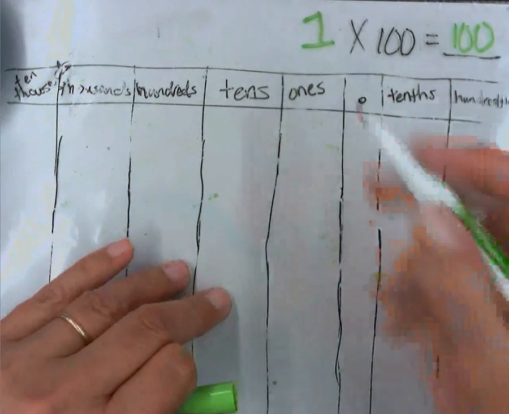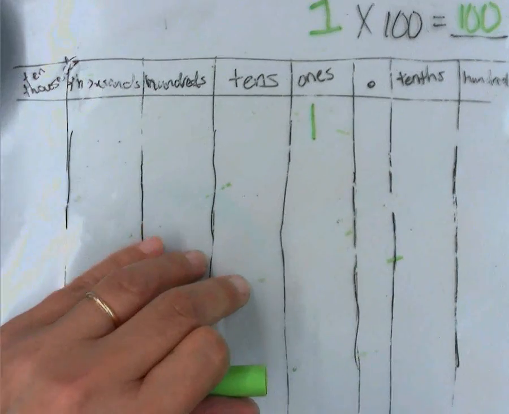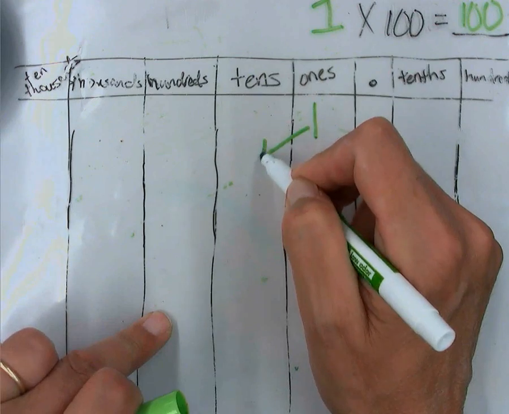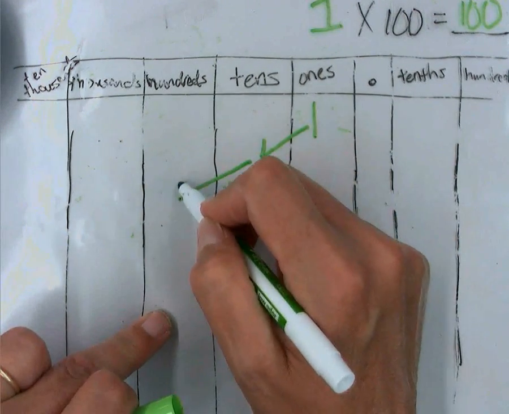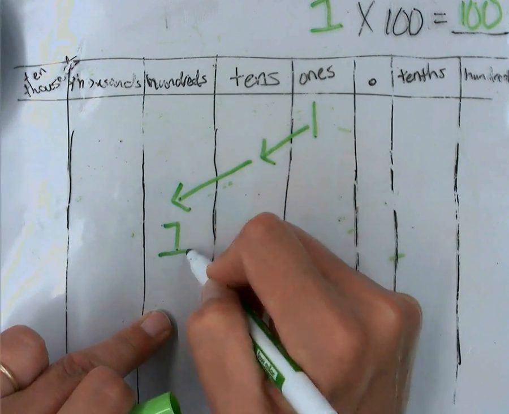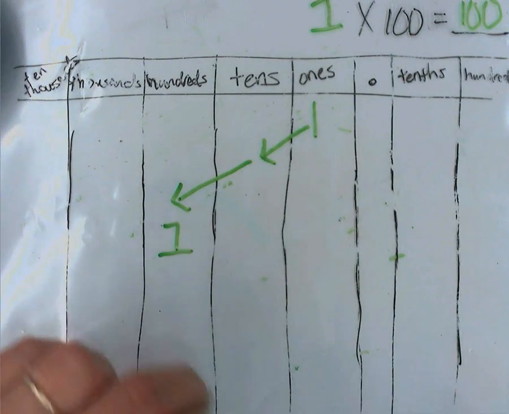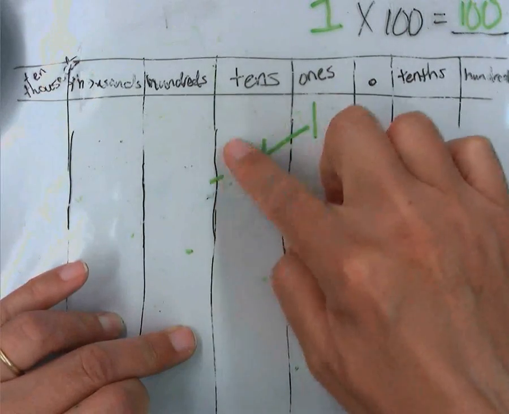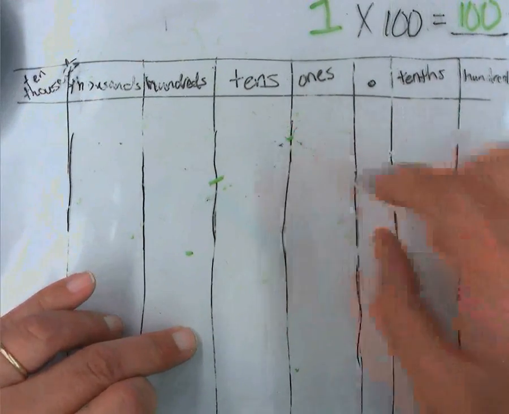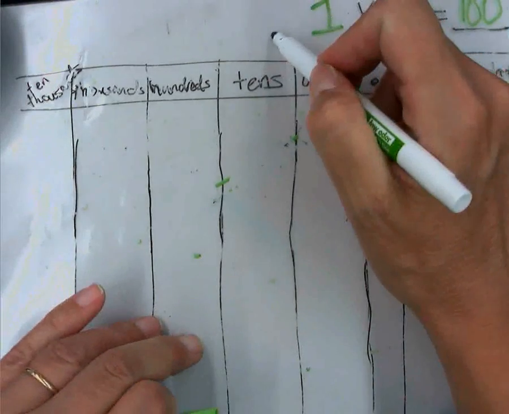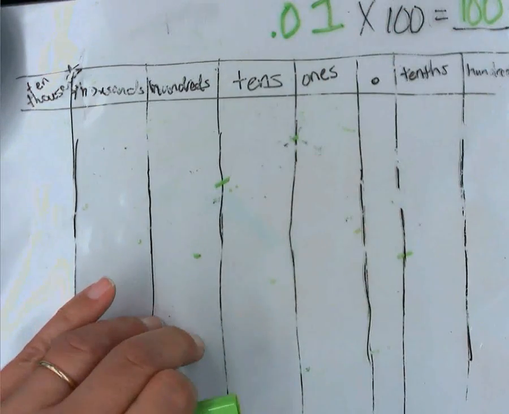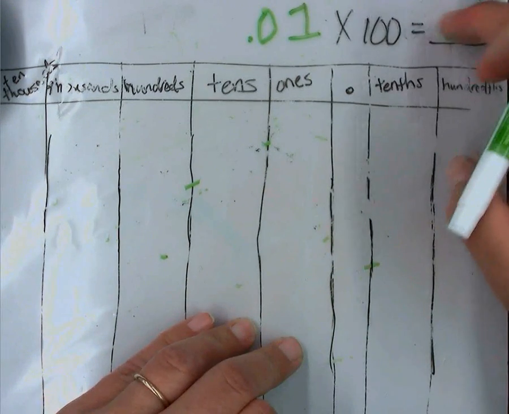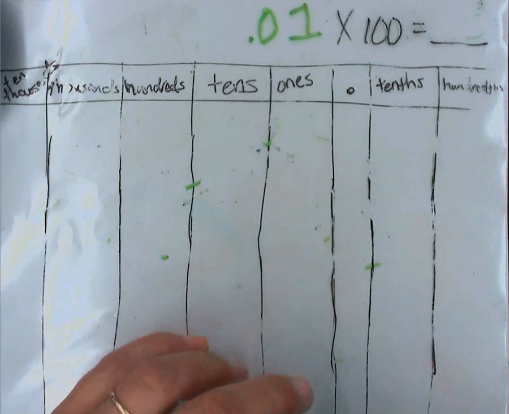So if you're going 1 times 100, what that's going to look like on our place value charts with math is it's going to transfer over 2 place values, and you'll have a 1 in the 100th place. Now if we think about it in terms of pennies, for example, if we have 1/100th times 100, and we move 2 place values.